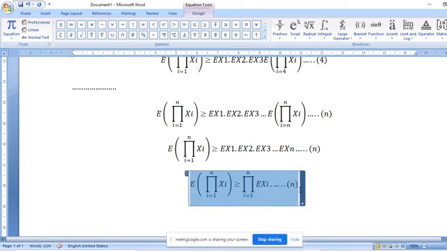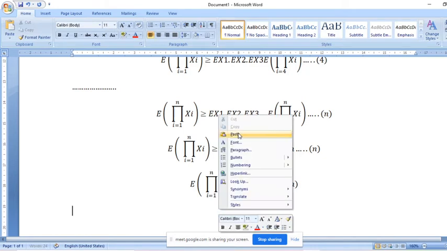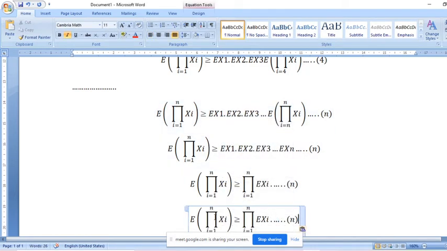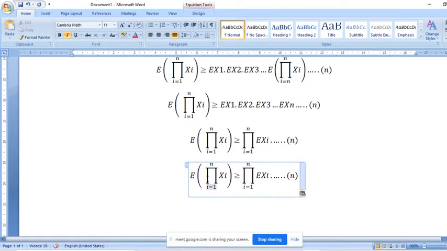This we can again simplify because this is a binary system. So binary system will have a structure function of series system. This product over i from 1 to n of xi is the structure function of series system.